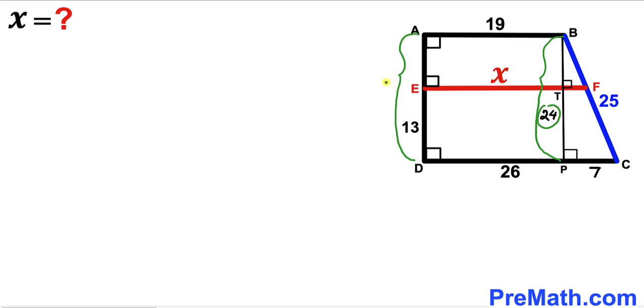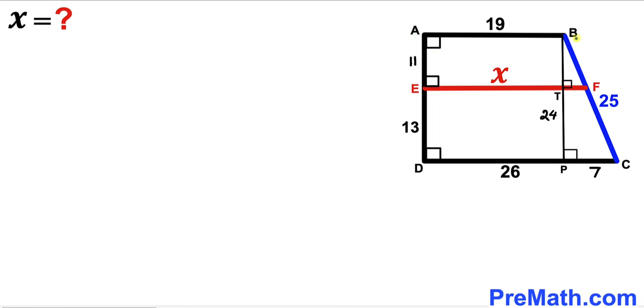So therefore, our AD length is going to be 24 units as well. Furthermore, we know this segment ED is 13. So this remaining segment AE is going to be 24 minus 13, which gives us 11 units. Thus our segment AE turns out to be 11.